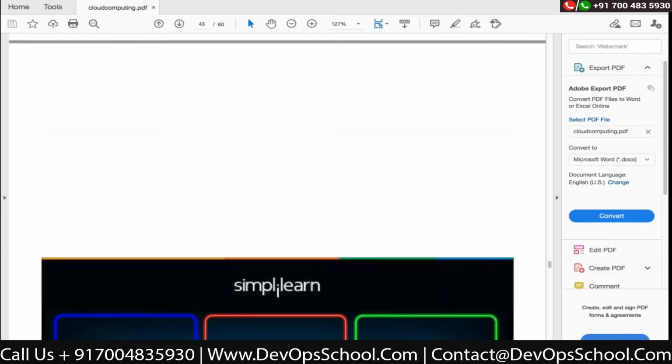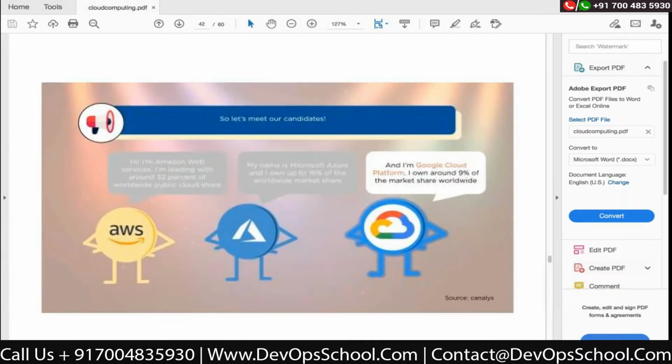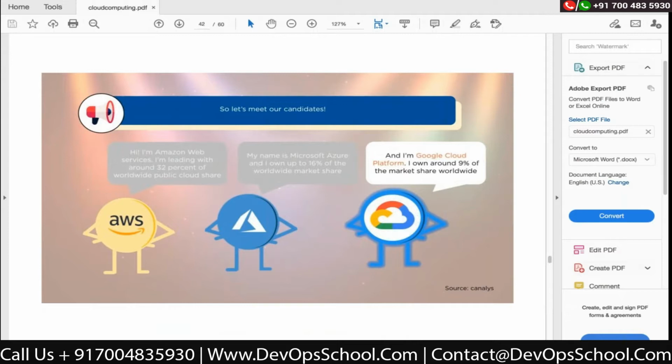If we compare them, we have the market share: as I said, AWS occupies 32% of the worldwide public cloud, Microsoft Azure occupies 16%, and Google Cloud occupies 9% of the market share.